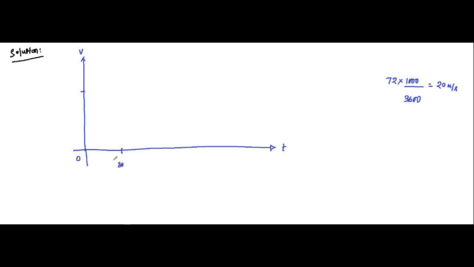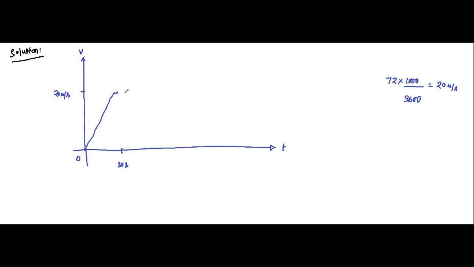Okay, this is 30 seconds, this is 20 meters per second. This is the point, like this. So it attains a velocity of 20 meters per second in 30 seconds.